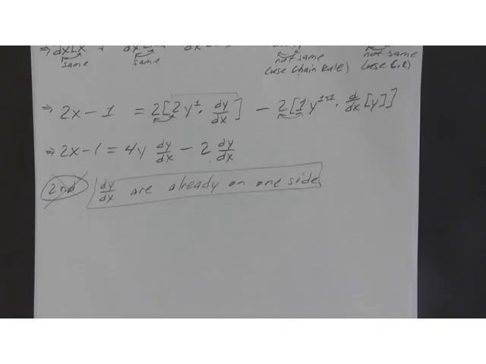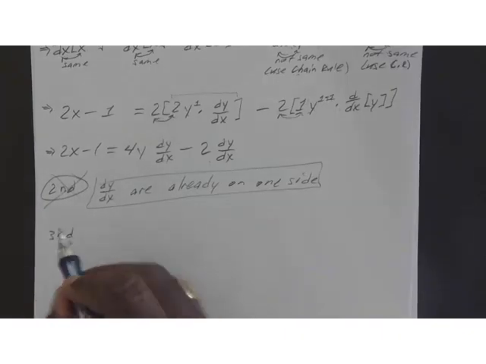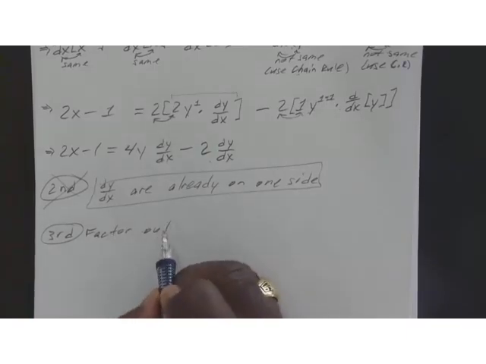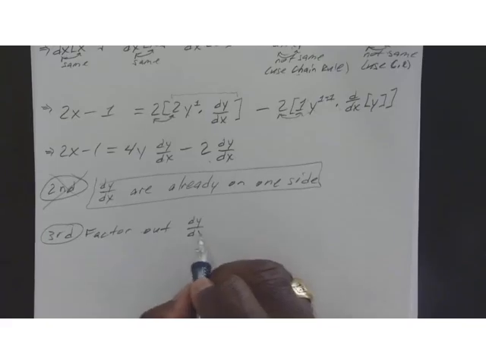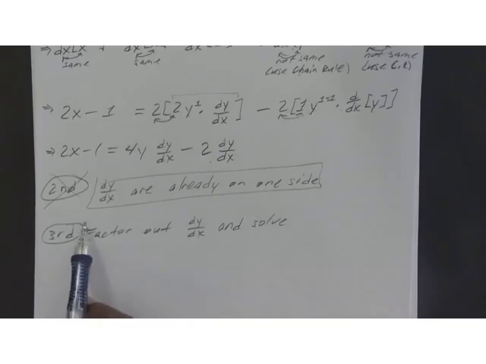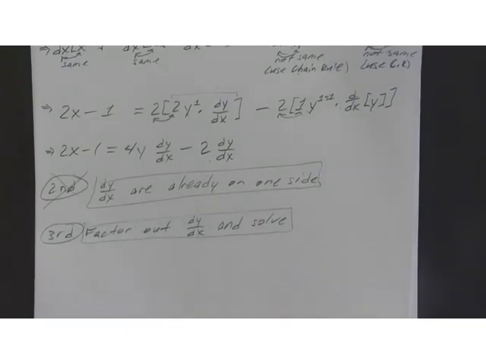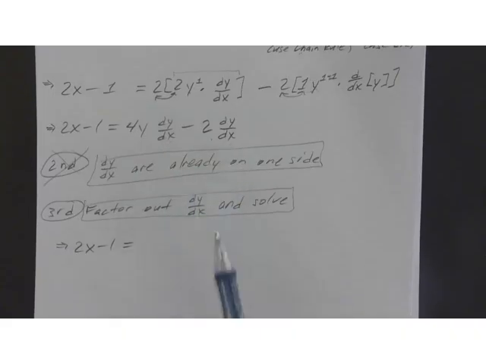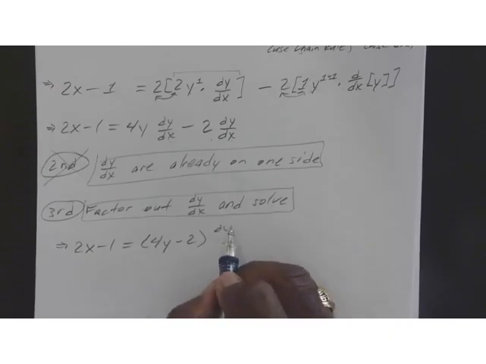That brings us right to the third step, where we factor out dy dx and solve. So that 2x minus 1 is equal to, and if we factor out dy dx, that's just 4y minus 2 times dy dx.